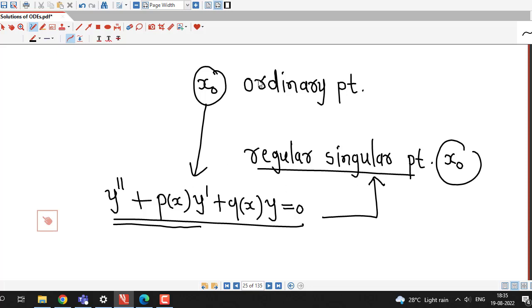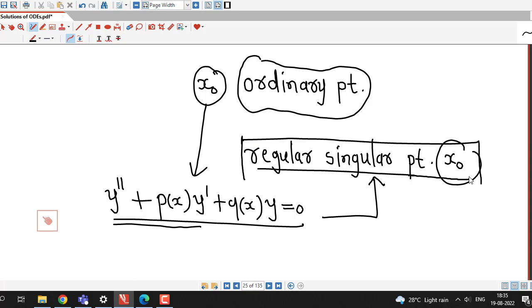So first we will discuss the ordinary point. First we will discuss how to obtain the series solution near an ordinary point, and after completing that method we will discuss how to obtain the power series solution about a regular singular point. So in this lecture our focus will be on the power series method if x0 is an ordinary point.